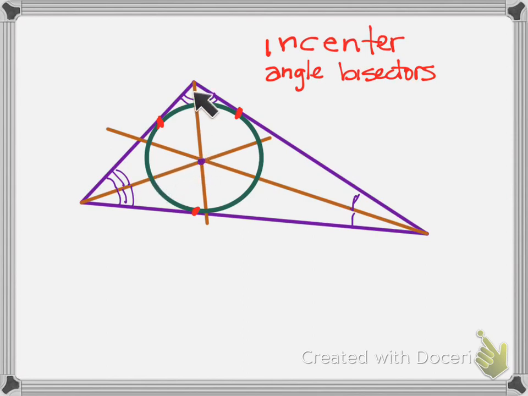And likewise up here, if I needed this distance and this distance to be the same, then I would need to be on an angle bisector. And so then the angle bisectors meet at the incenter, and the distance from that point to the circle is going to be the same in every direction. So whatever that distance is, that is the radius of the inscribed circle.